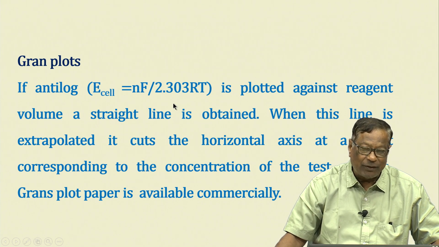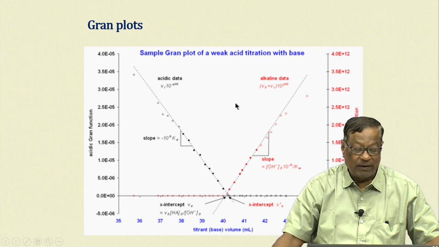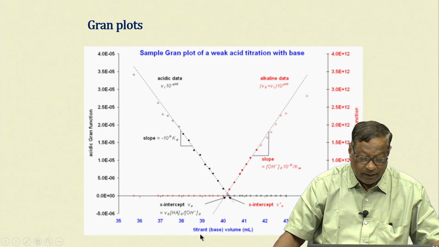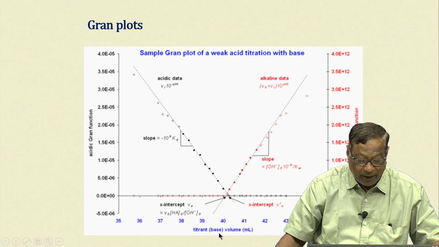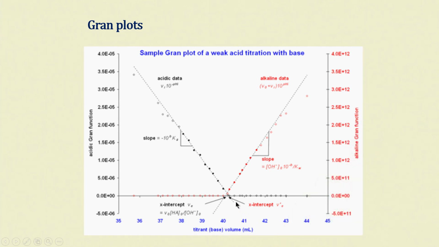So, here is a Gran plot for you, and here on the x axis we have the titrant base volume in ml, and this is the x intercept. The Gran plots are here, with RT by nF values, anti-logs, and this is in acidic medium. See how beautifully the whole series of points are connected.